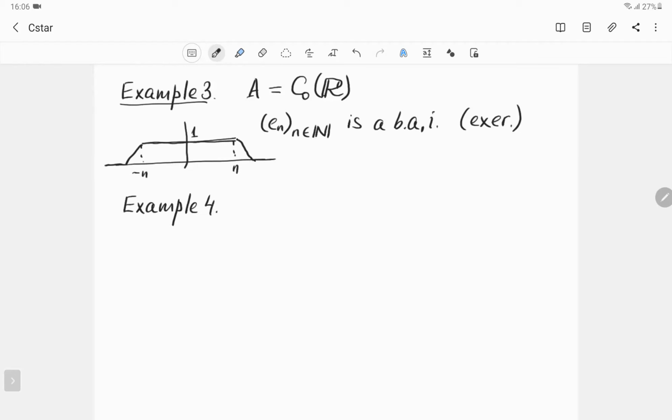Example 4. Let A be the algebra C0 of X, where X is a locally compact Hausdorff topological space.